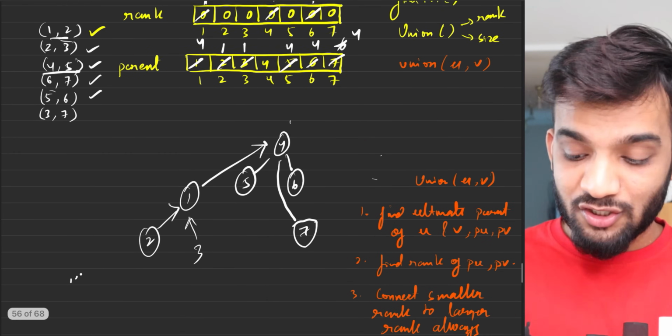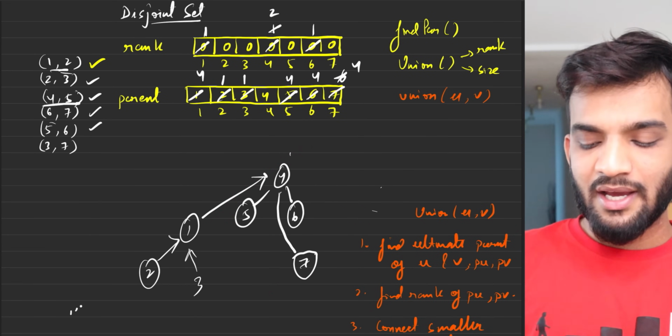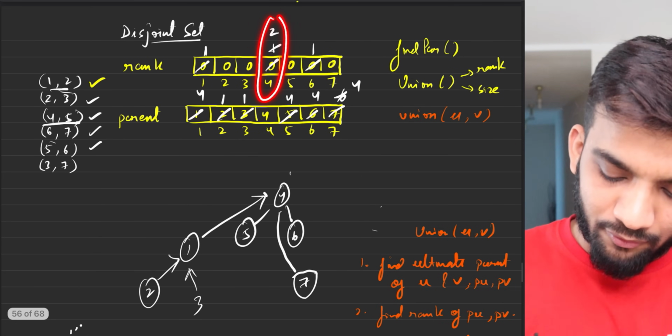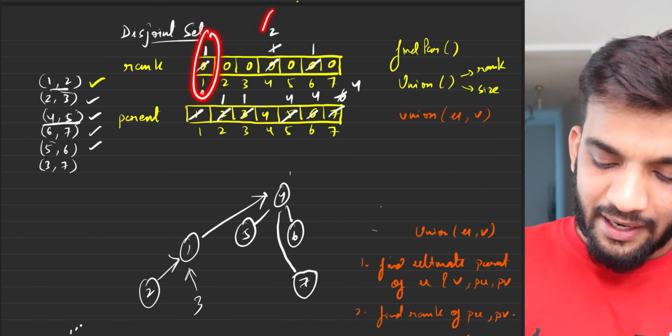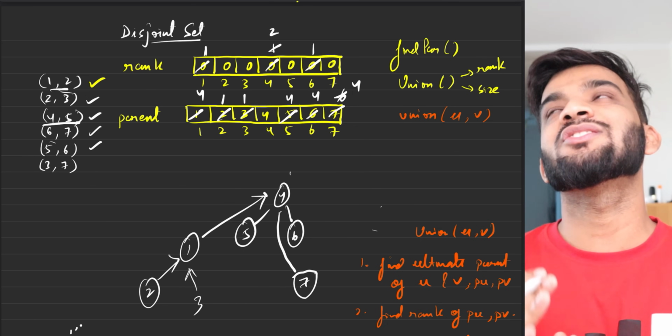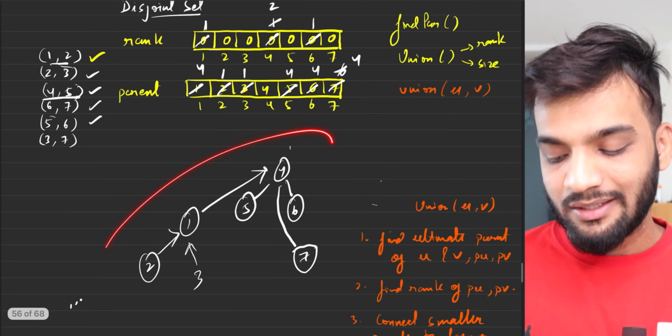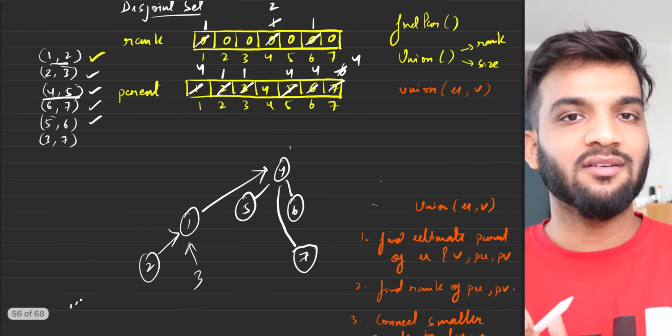So will the rank change? No, it's still the larger guy. Attaching a smaller to the larger guy will not impact because the rank of 1, if you remember, was 1, the rank of 4 was 2. So we are not storing the height because during path compression, the height will shrink. So this is how easily we can do it.